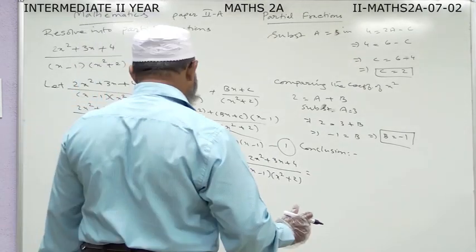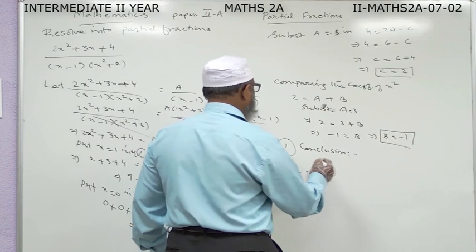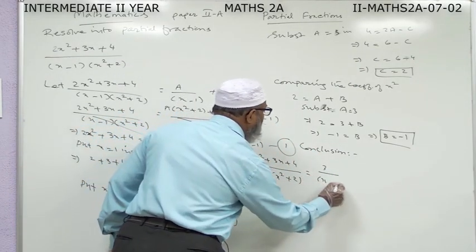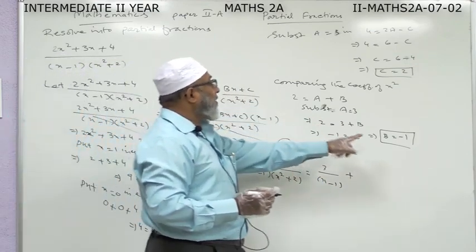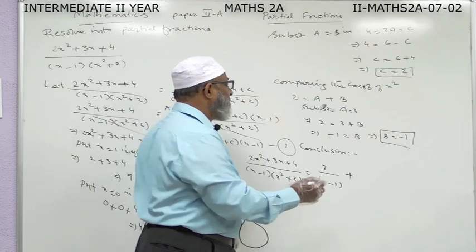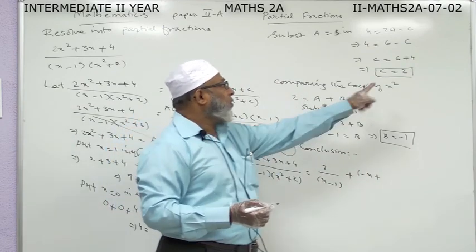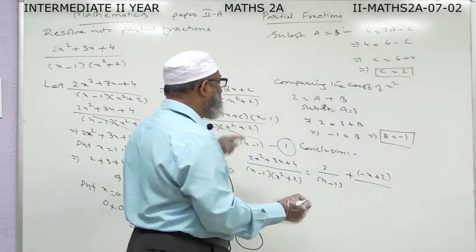Substitute the values of A, B and C in this part. What is A? 3. 3 by x minus 1 plus Bx plus C. Where is B? B is equal to minus 1. Minus 1 into x is nothing but minus x, plus C. What is C? 2, divided by x square plus 2.